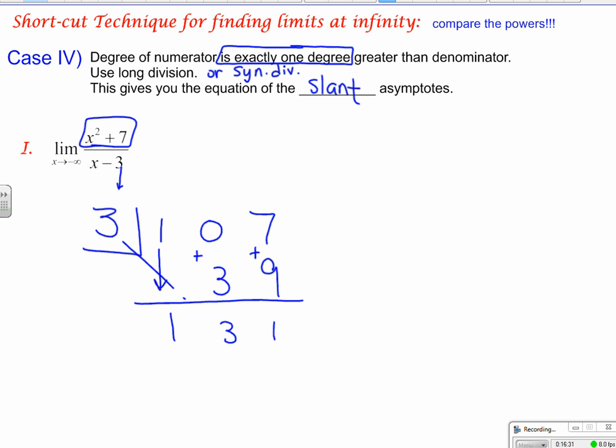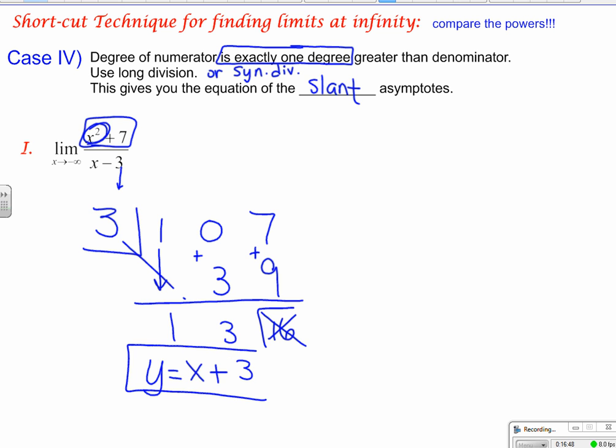Add 7 and 9, you get 16. But I can drop this off, ignore that, and this gives me a linear equation of 1 degree less than what I started with, so I'm down to x plus 3, and that describes a slant asymptote.